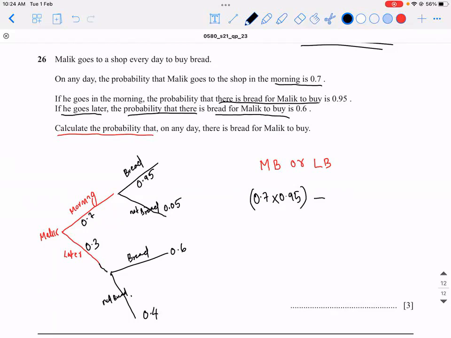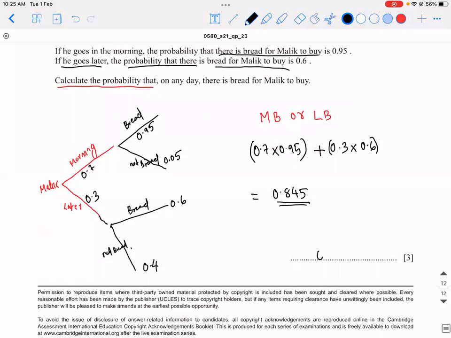Or means plus, later, that is 0.3 multiplied by 0.6. Then you add them and we get the total probability: 0.7 multiplied by 0.95 plus 0.3 multiplied by 0.6. So the answer must be 0.845.